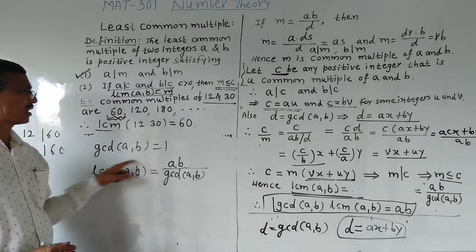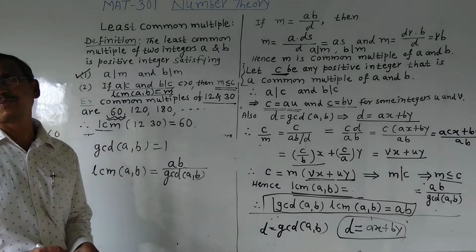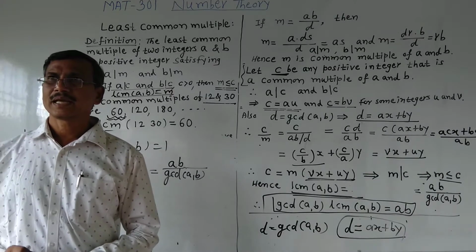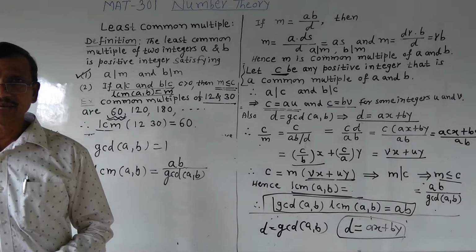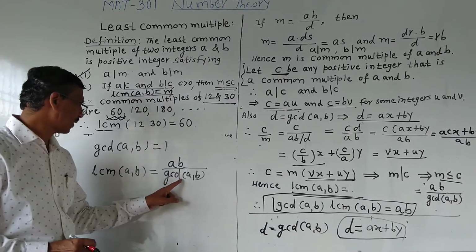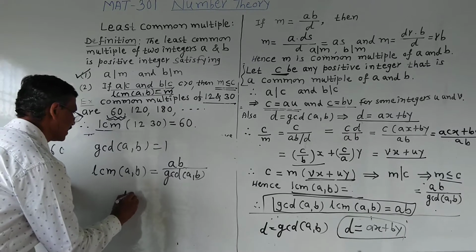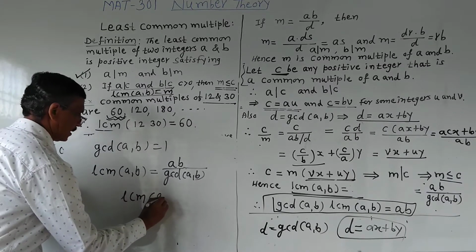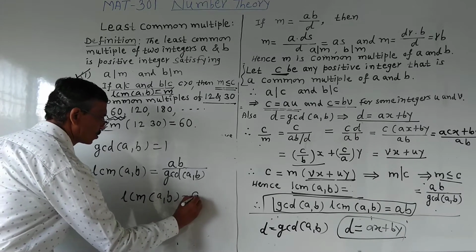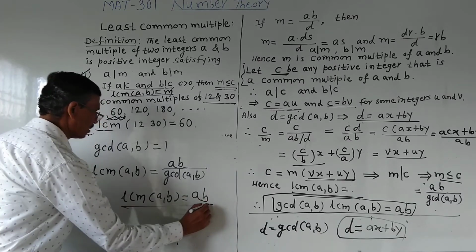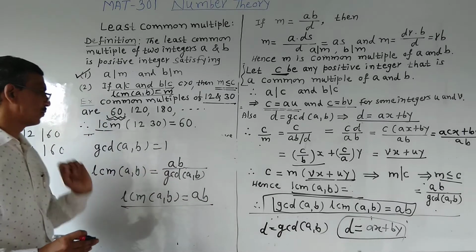But if this GCD of a, b is equal to 1, which means a and b are relatively prime integers, then put the value of this as 1, and LCM of a, b is equal to a into b, because GCD of a, b is equal to 1.